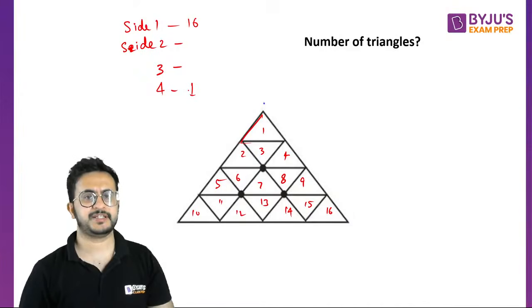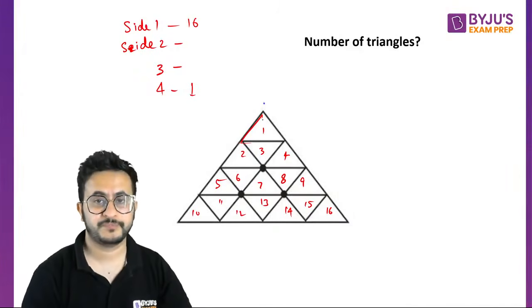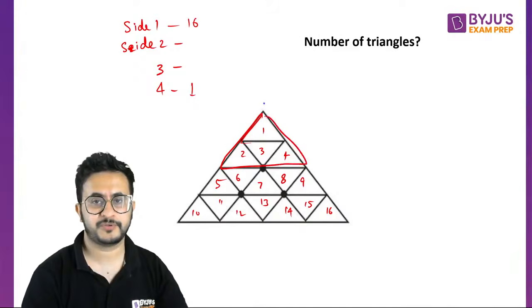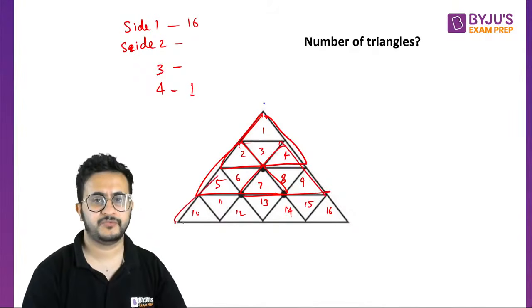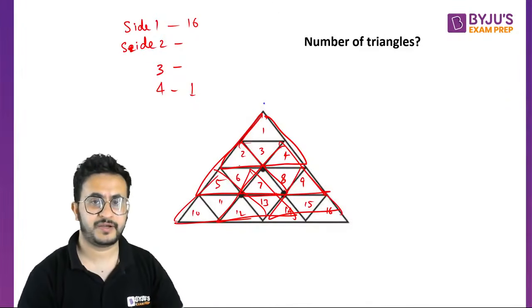Now let us count the triangles that have side length 2. So one triangle is 1, 2, 3, 4. One triangle, two triangles, three triangles, 4, 5, 6. 6 triangles. And then you have this inverted triangle also.